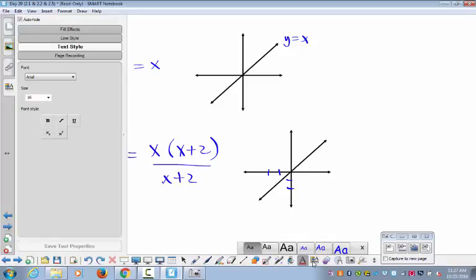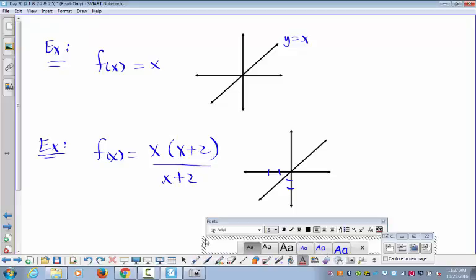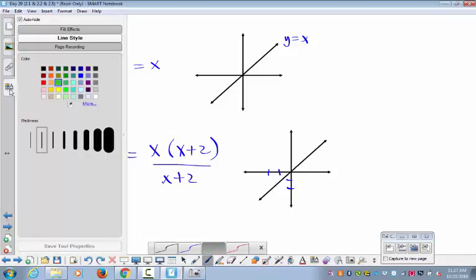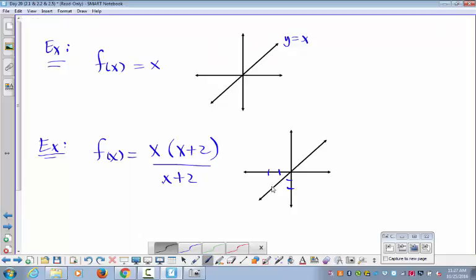I'm trying to change the color here. So if I grab that, I should be able to change the color to white. And then we can take out that one point. All right, so we take out that one point. So we have a hole in the graph now right at that one spot. So that's what the graph looks like.